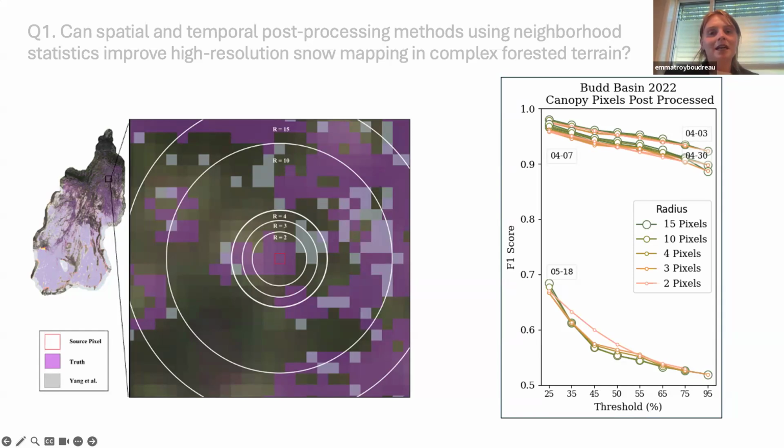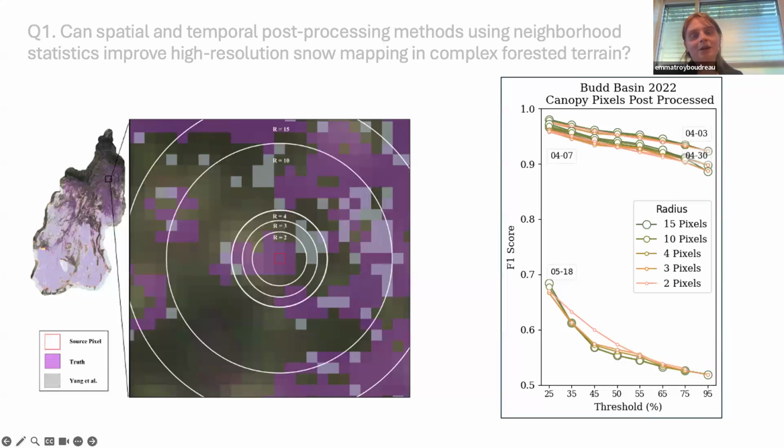And we can see that the threshold has a bigger role in these images that have lower snow cover to begin with. So if we compare to these April dates, the range from the highest to lowest F1 score is smaller than our range for this May 18th date, which spans a bigger F1 score range.